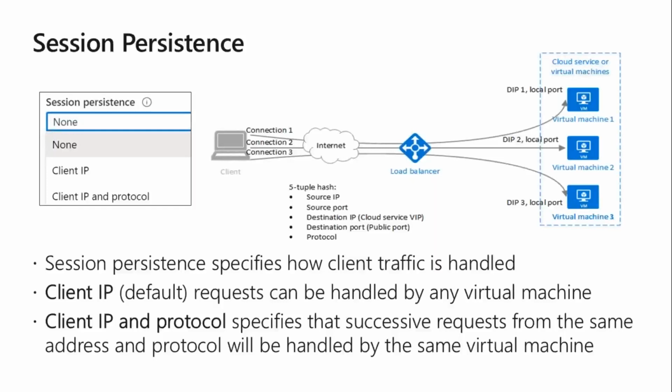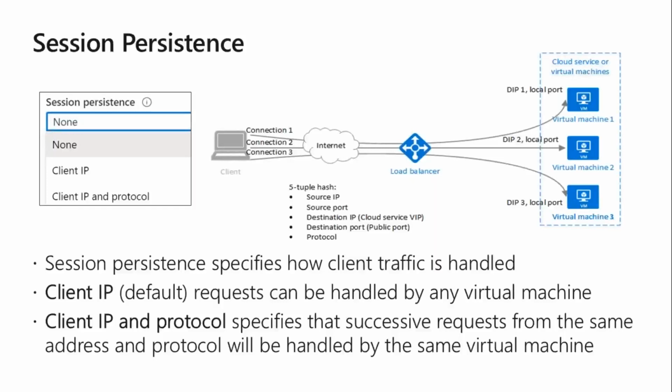Got it? So the first request is always load balanced, but ongoing requests are not load balanced. Only the specific VM which responded to the first request will be specific to that particular user. That is called session persistency.